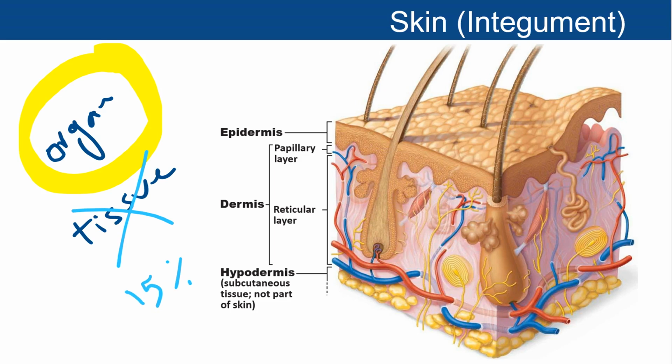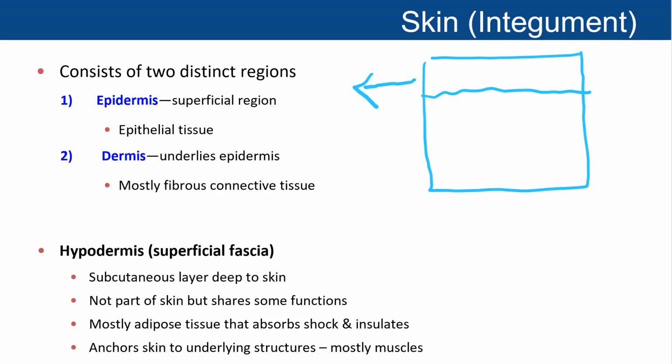The skin is composed of two layers, the epidermis, which is this top layer, and dermis, this deep layer. So the skin consists of two distinct regions, the superficial region, which we call epidermis, and the deep region, which we call dermis. This underlies epidermis.